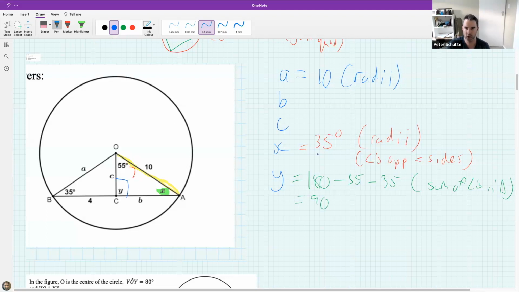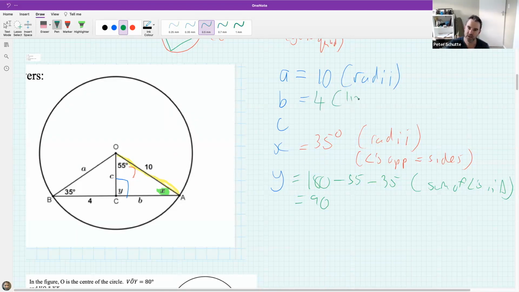Now, this is good news, because what can we work out next? I think we can work out B next, because now we have the 90 degrees, which means that B, because this is a line from the center perpendicular to chord, B must be 4.